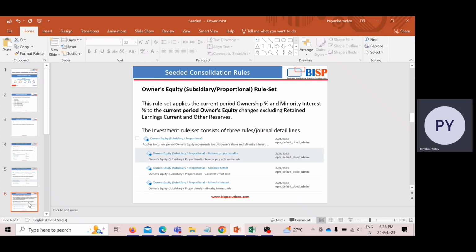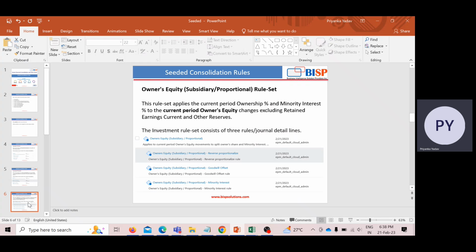Next is owner's equity subsidiary or proportional rule set. This applies the current period ownership percentage and minority interest percentage to the current period owner's equity, excluding retained earnings and other reserves.